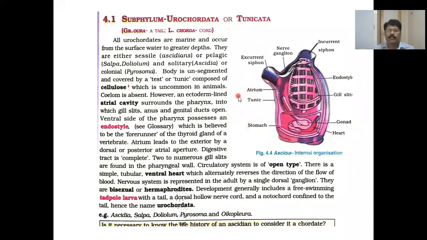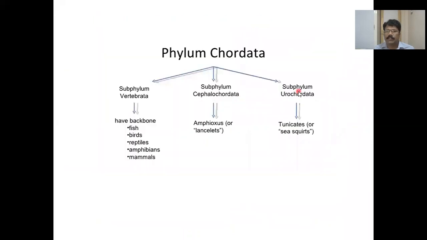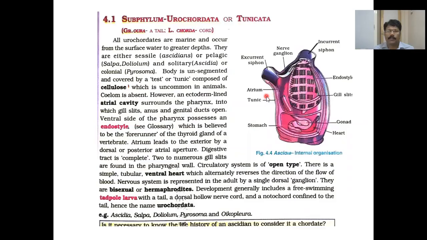So now we come to the classification. First we will deal with the urochordates. This is the first one, the subphylum Urochordata, also known as the tunicata. Why tunicata?